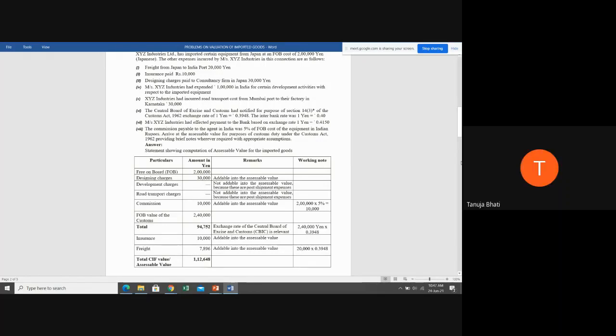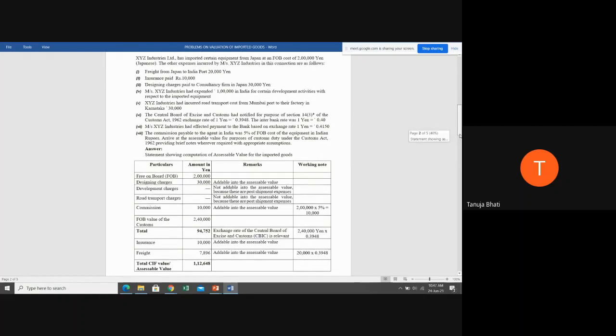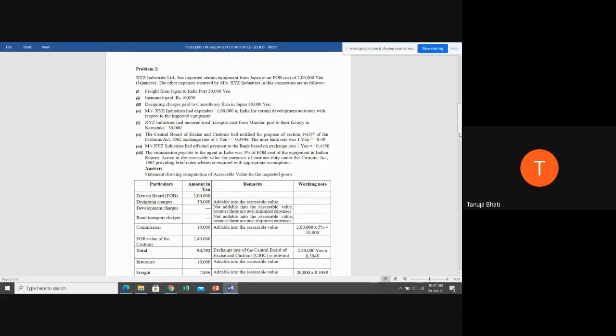Correct. So, students, the very important part, you have to be very careful while solving the problem given in the exam, they will confuse you. One item they will give you in rupees, the other item they will give in the exporting country's currency, that is, in this problem, Japanese yen.